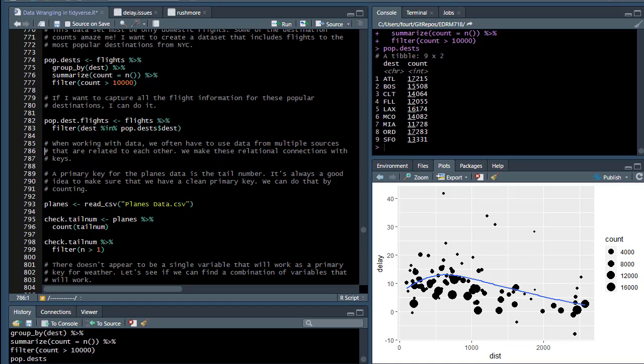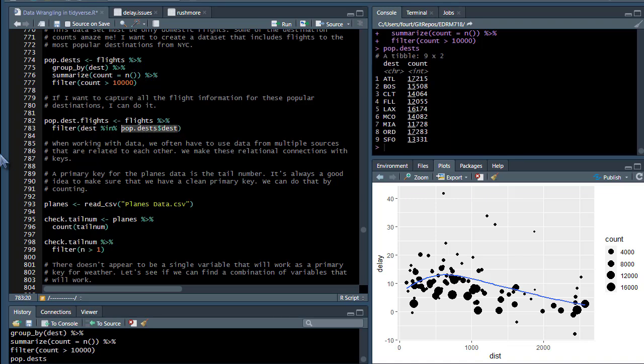If I want to capture all the flight information for these popular destinations, now that I've created PopDest, look what I can do. I'm going to now take PopDest flights. It's going to be flights, pipe to filter on destinations that are in PopDest.